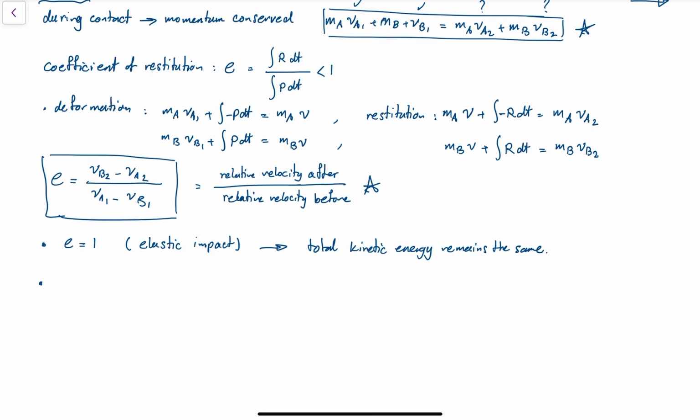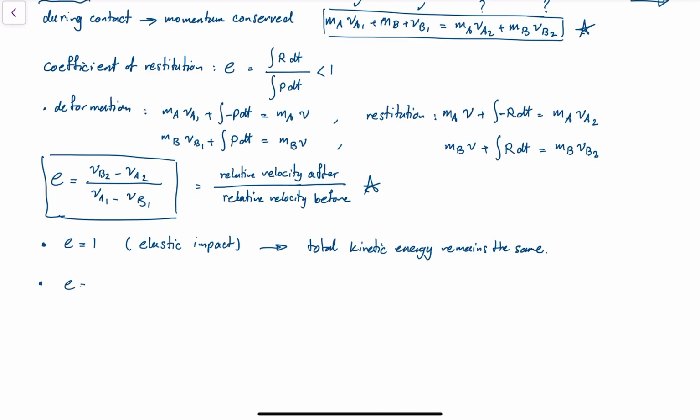So in elastic impact, you don't have energy loss. Sometimes the problem phrases it that there's no energy loss during contact. You can know it is an elastic impact, meaning that the coefficient of restitution is 1. But in reality, e is always less than 1 because you don't have perfectly elastic impact. There's always a little bit of energy loss whenever you have these contacts.